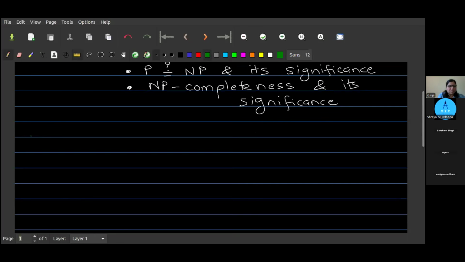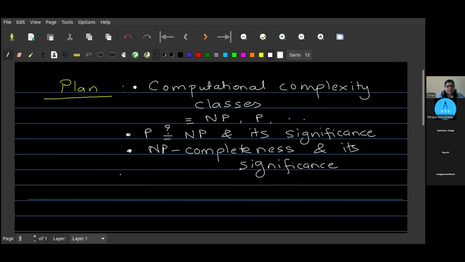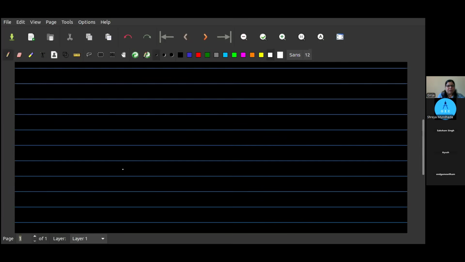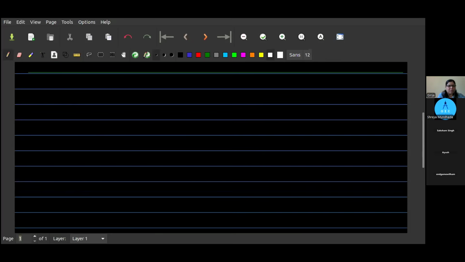So let's begin with the first part. Let me define two problems first, which we will be considering maybe in the first half of the talk today. Let's call one problem Prime, and one more which I'll define later. When I say problem, I mean a computational problem here.